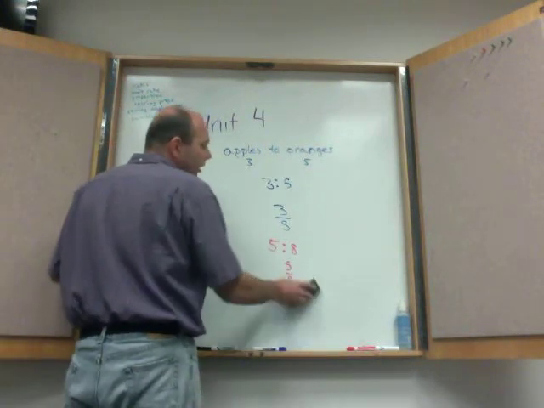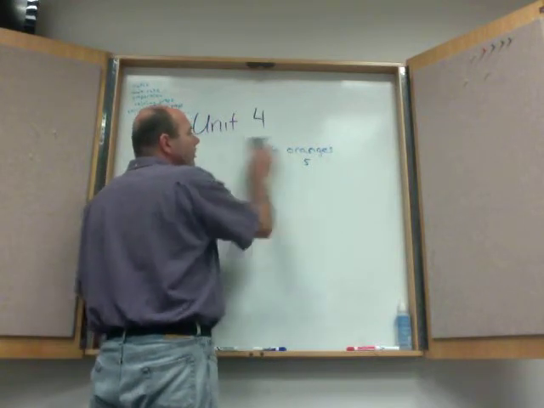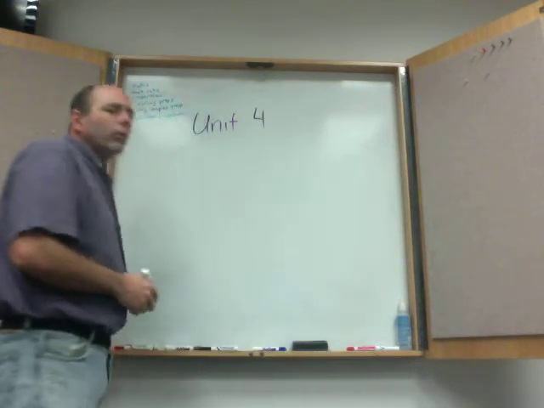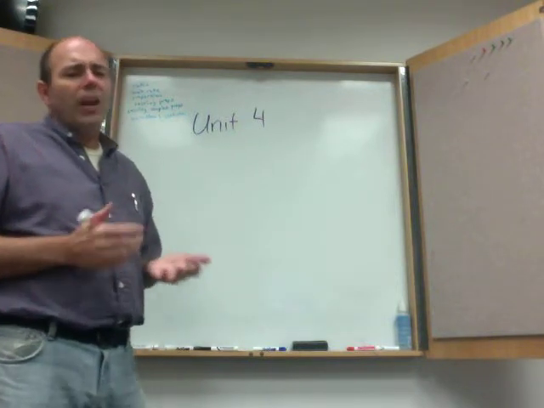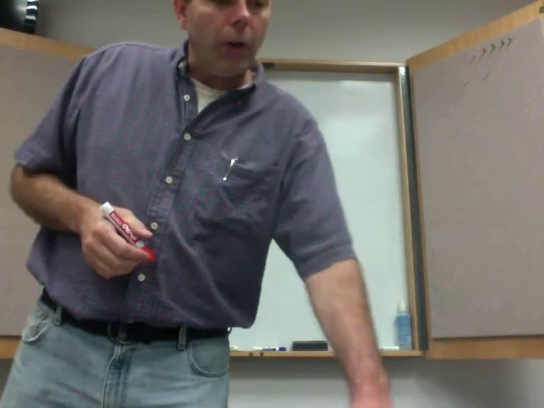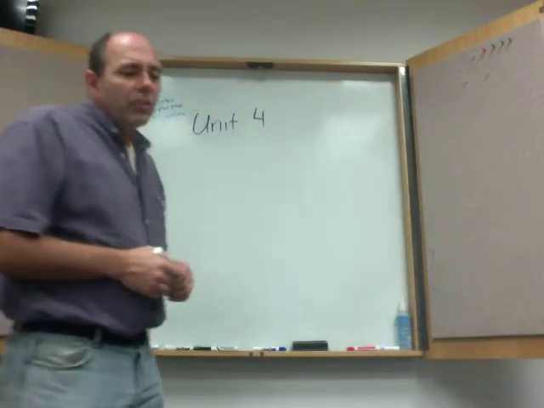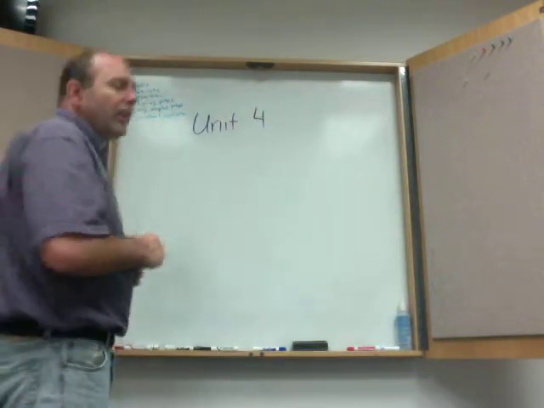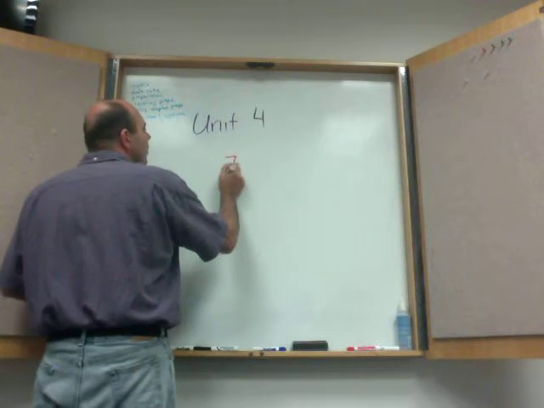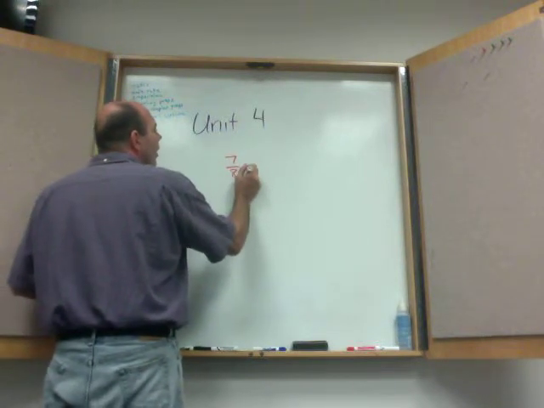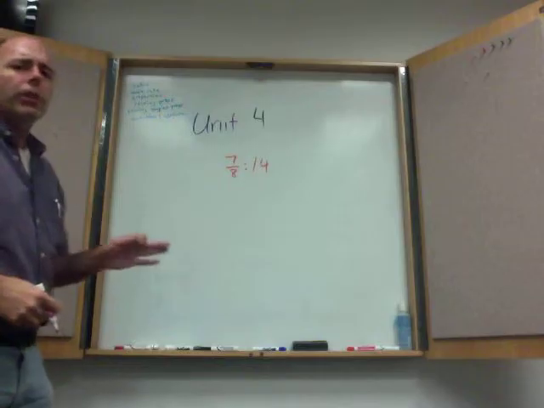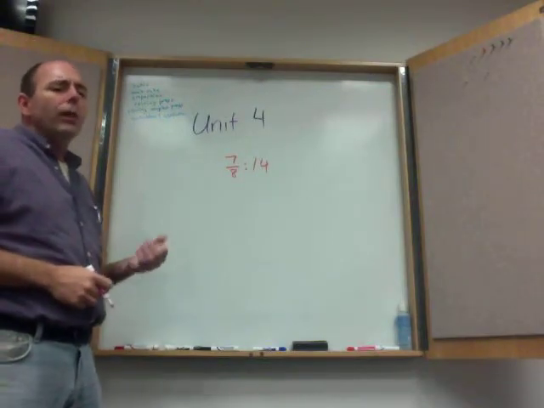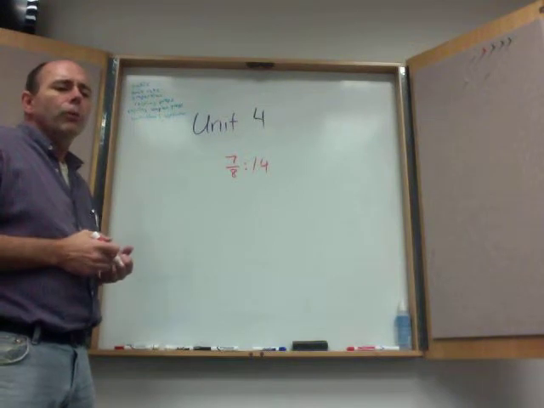Now, when we're looking at ratios, we don't like to look at them as fractions. In fact, if you look over on page 106, you can see that question 2, for instance, says the ratio is 7/8 to 14. Is that a ratio? Oh, it certainly is a ratio. It's just not a good way to look at it. We want to look at ratios with whole numbers.